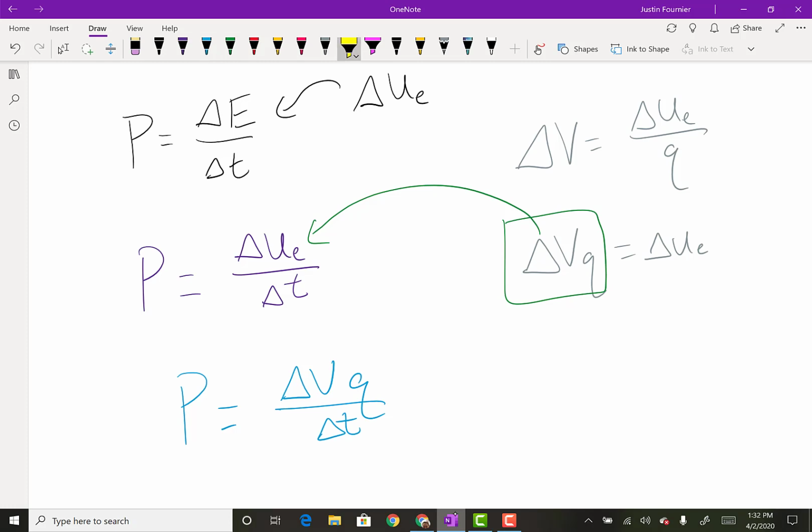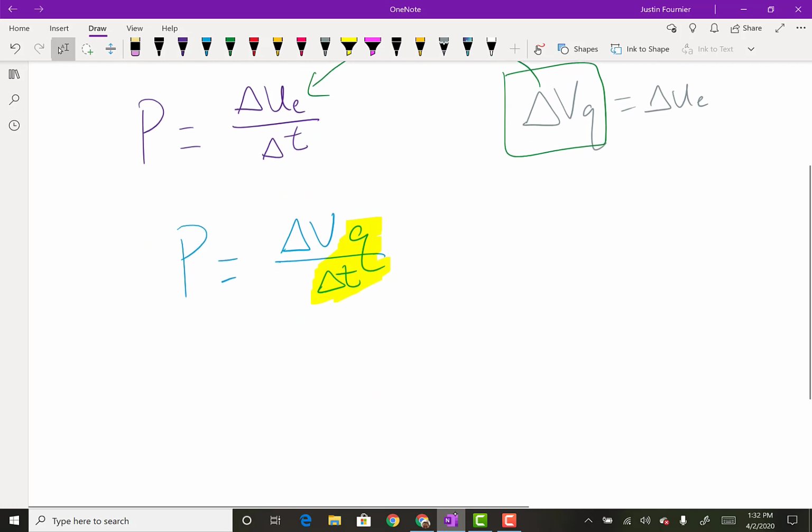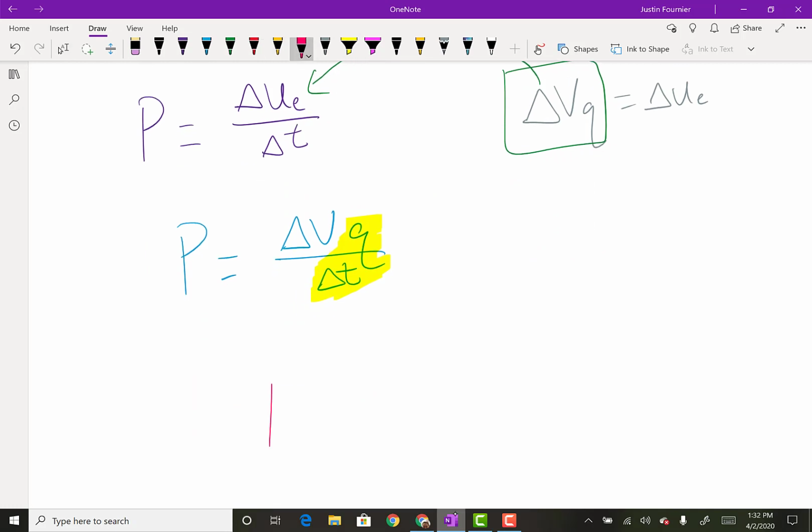Hey, wait a minute. Q over delta T, we've learned that. What is Q over delta T? The amount of charge over time. So the rate of change of charge. Oh, that's right. That's current. Current is Q over delta T, the amount of charge divided by the change in time.